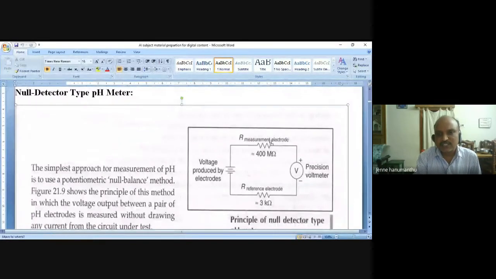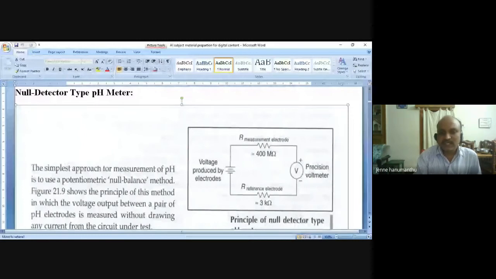These two electrodes will produce some potential, the voltage produced by the electrodes. These two are dipped into the unknown solution. When these two are dipped into the solution, you have to make the meter reading 0. When the meter reading is 0, then we can get the unknown pH value directly.